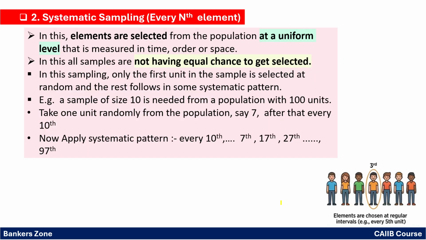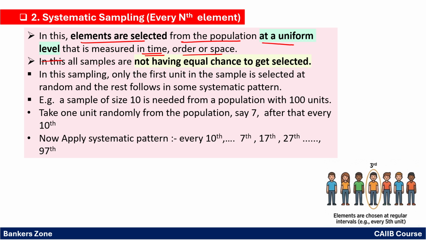Okay, now let's see what systematic sampling is. In systematic sampling we generally select every nth element. Elements are selected from the population at a uniform level, which can be measured in time order or space.